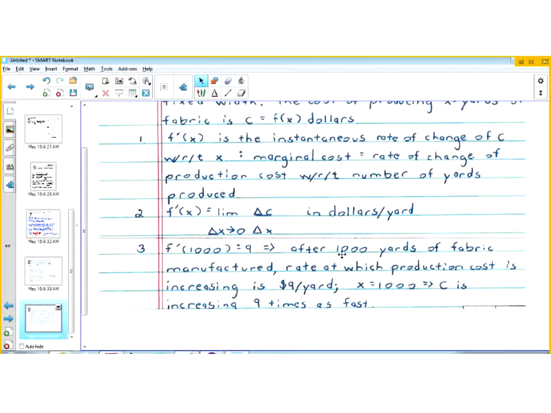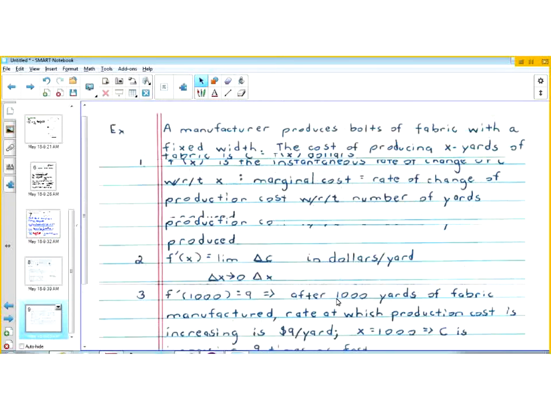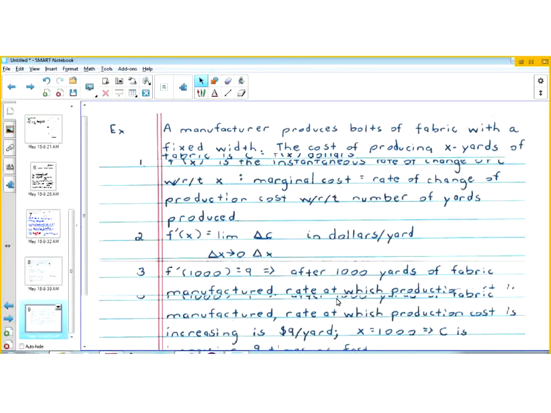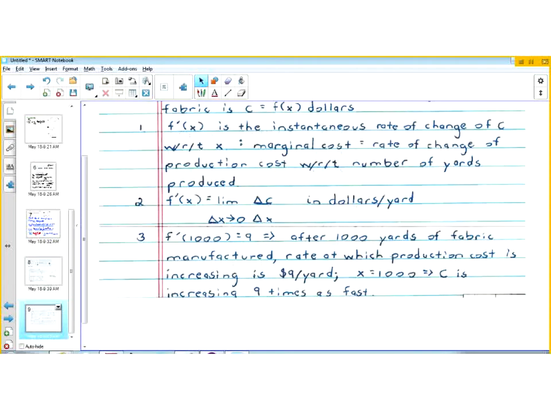I didn't specify what f is, but what it means is after so many yards of production, your production costs are increasing. So you have to be careful and monitor this because the revenues may start dropping after so much production increase. Okay? So that's what that means.